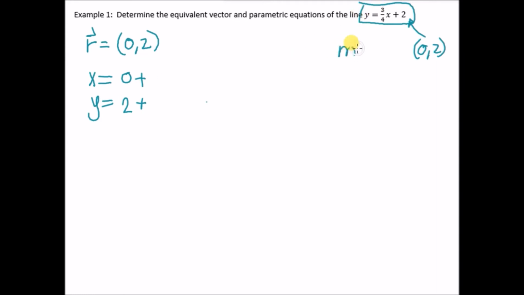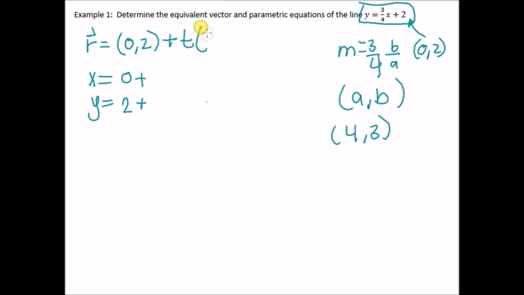Now, our slope is 3 over 4, which is b over a, so our direction vector a comma b is 4, 3. We put in a parameter and 4, 3, so we can write 4t and then 3t. So here is our vector equation of this line, with a point and the slope converted into vector form, and here are the parametric equations of this line.